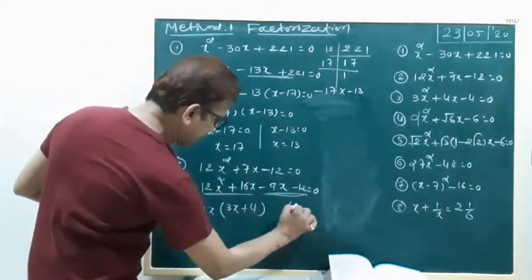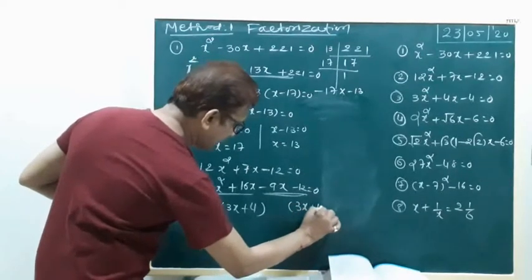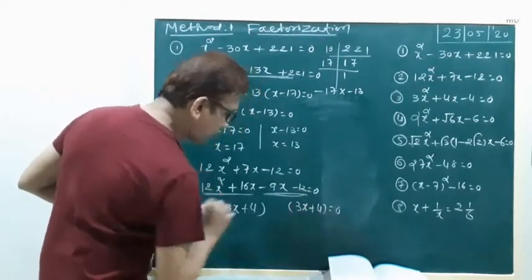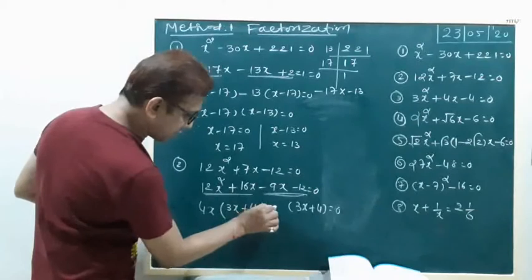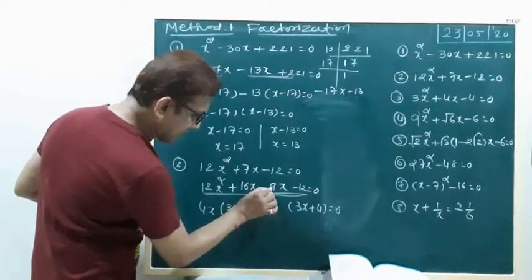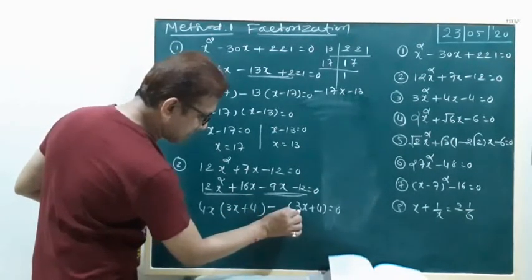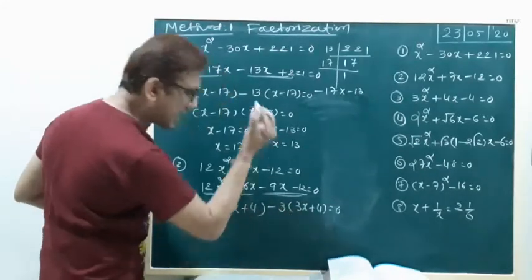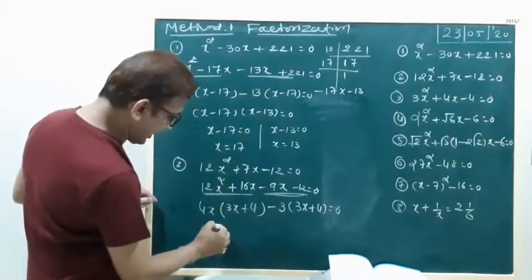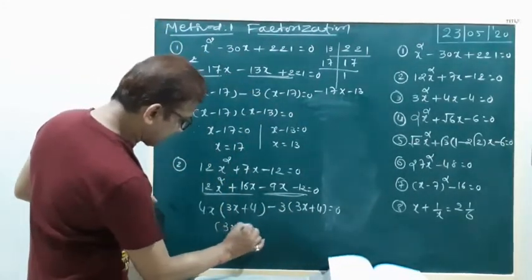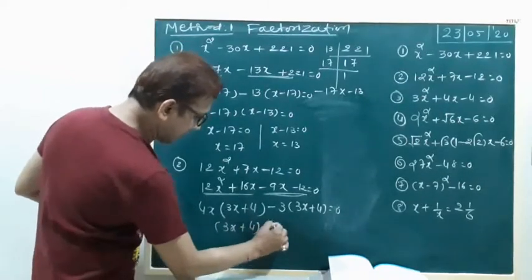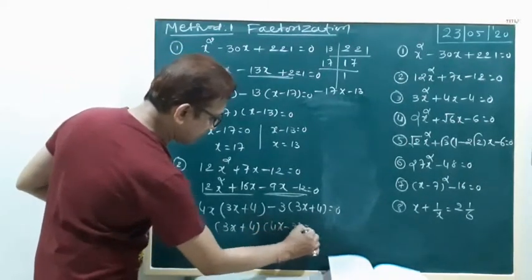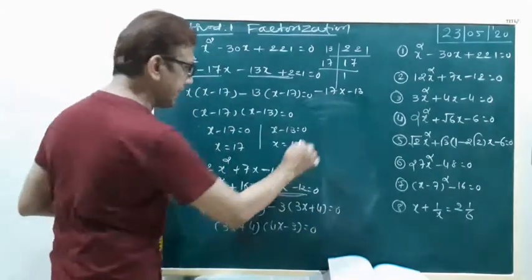So the same bracket, 3x plus 4. Here the minus sign, so we write minus. Here 9, here 3. Table of 3, 3 threes are 9. So the factors are 3x plus 4 and 4x minus 3 equal to 0, right?